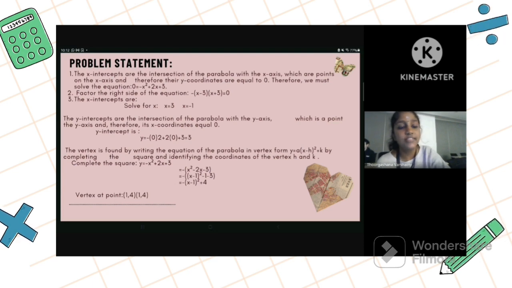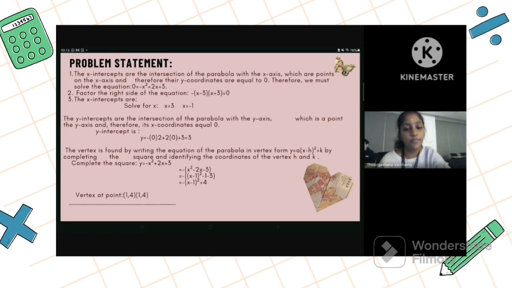Then, the y-intercept is the intersection of the parabola with the y-axis, which is a point on the y-axis, and therefore its x-coordinate is equal to 0. After that, the vertex is found by writing the equation of the parabola in vertex form, which is y equals a bracket x minus h squared plus k.